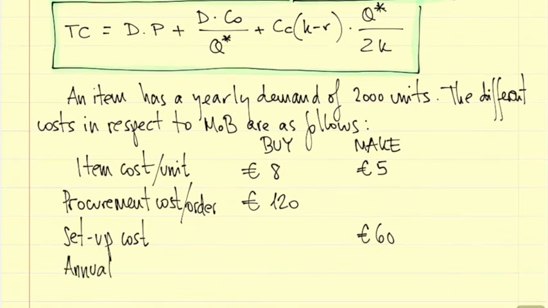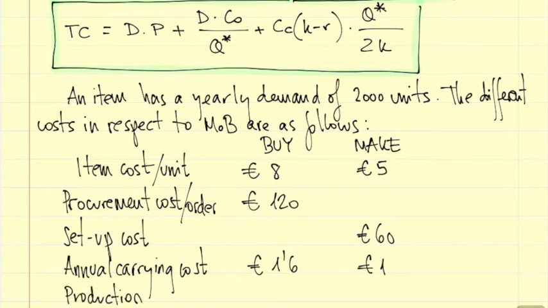Annual carrying cost per item per year is €1.6, and here is €1. And production rate per year equals 8,000 units.